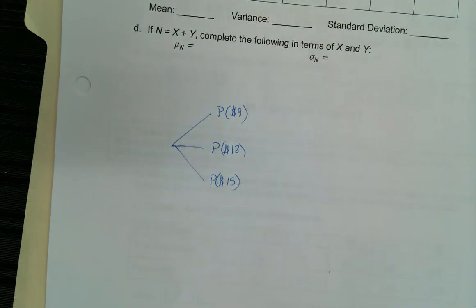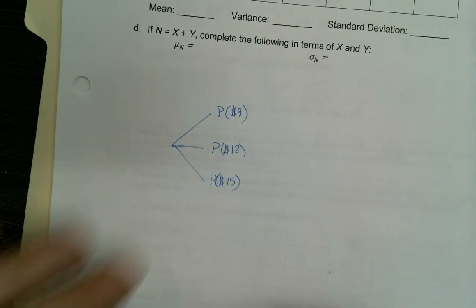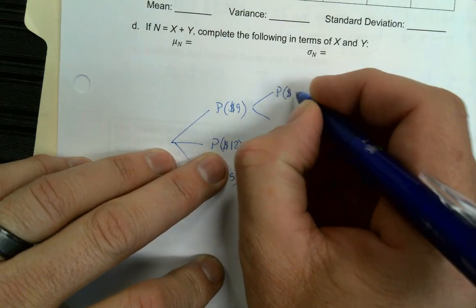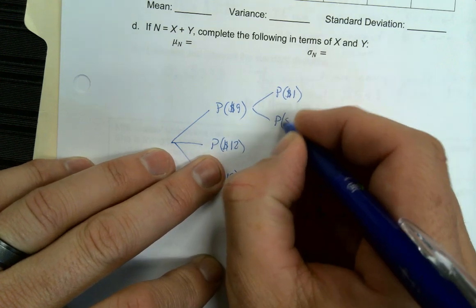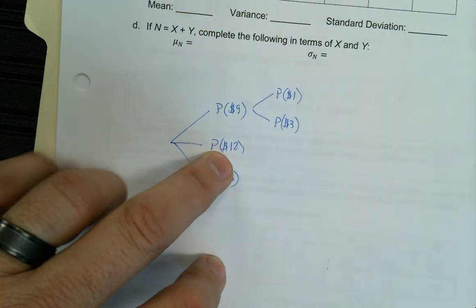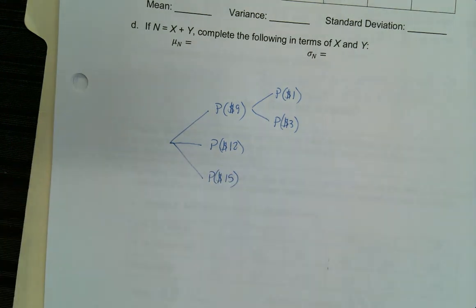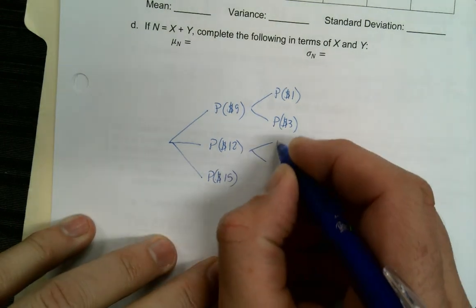What's my second branch going to be? Their raise. So what are my outcomes for the raise? $1 and $3 are my outcomes for the raise, right? Is that the same for every single salary? So it's the same branch here all the way across.